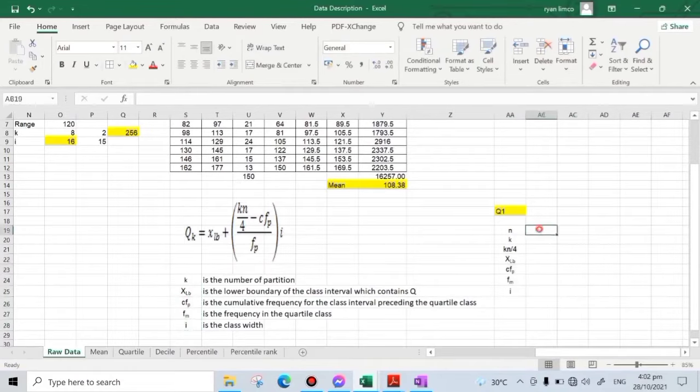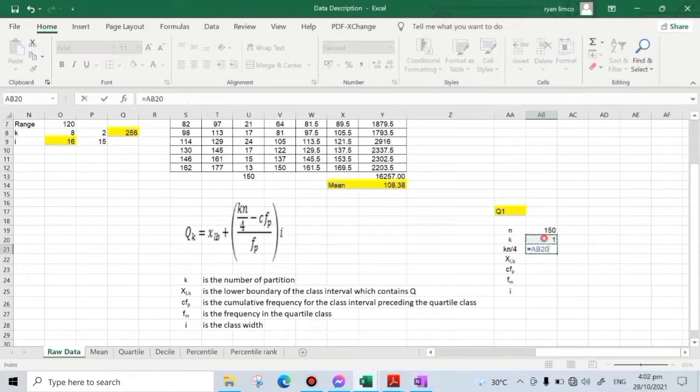Yan. So the N is equal to 150. The K is the first partition, this one, and Kn over 4, so that's K times N over 4.